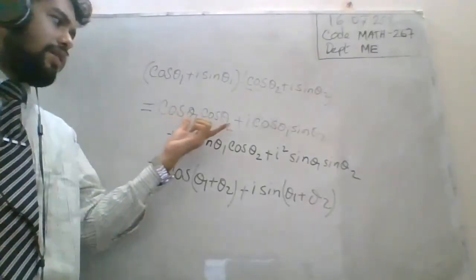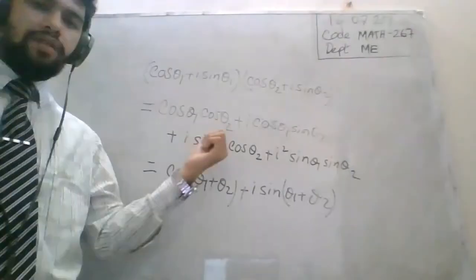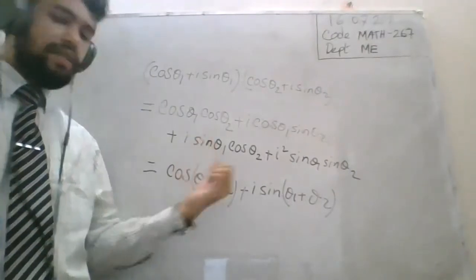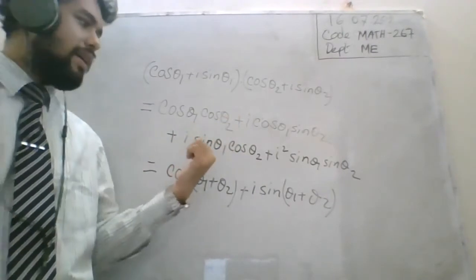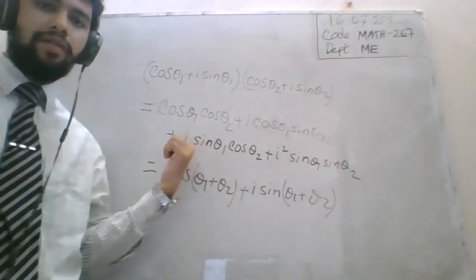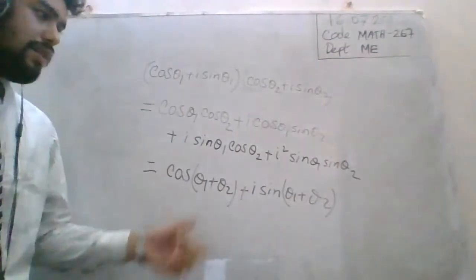What did we do here? We have cos theta 1 cos theta 2 and here is minus sin theta 1 sin theta 2. Cos a cos b minus sin a sin b means cos (a plus b). We applied the formula, and took i common. Then we get sin a cos b plus cos a sin b, which means sin (a plus b).